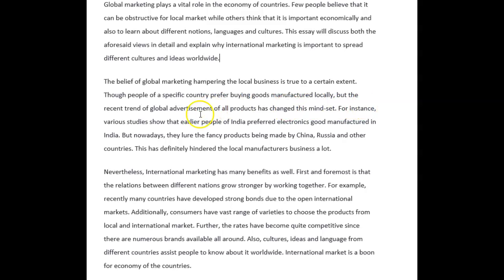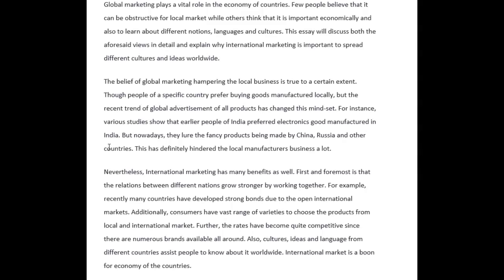Okay. For instance, various studies showed that, in the past, people in India preferred electronic goods manufactured domestically. It would have been a nicer way of saying India, India, okay? So domestically would have been good here.